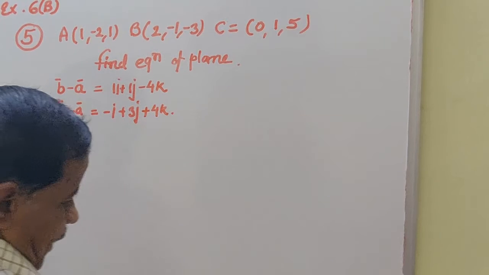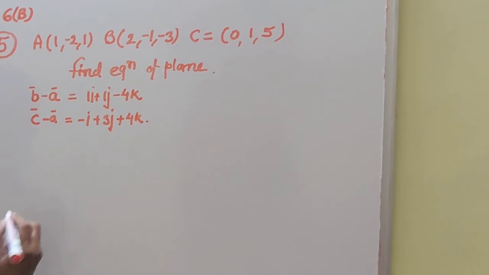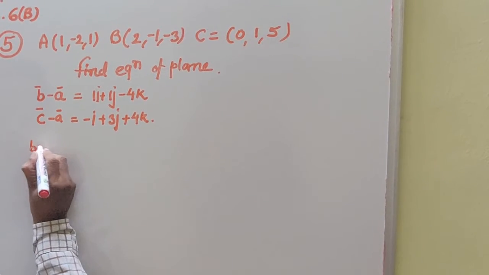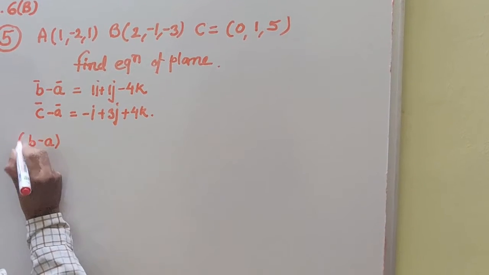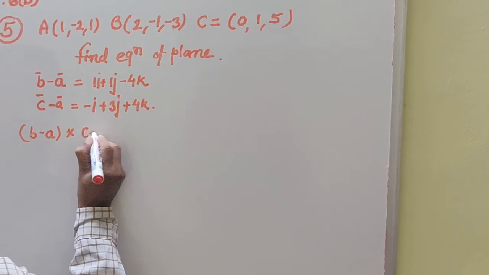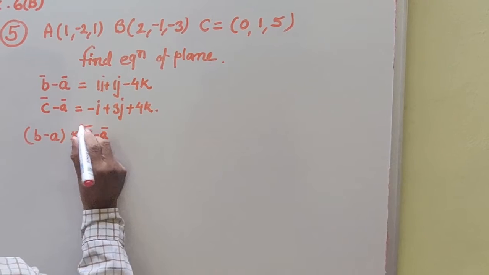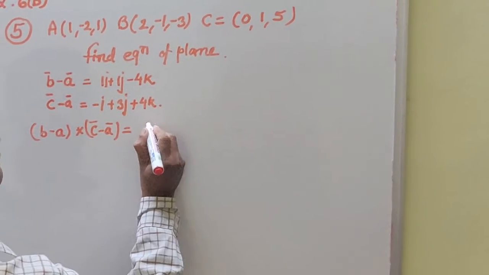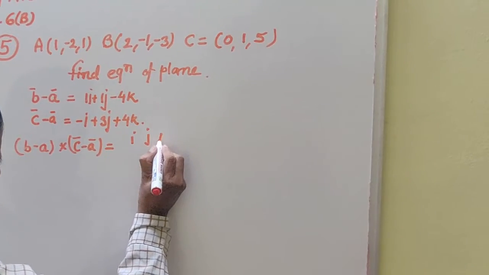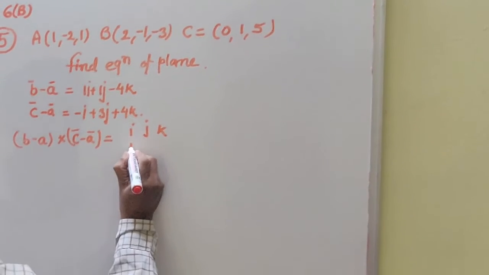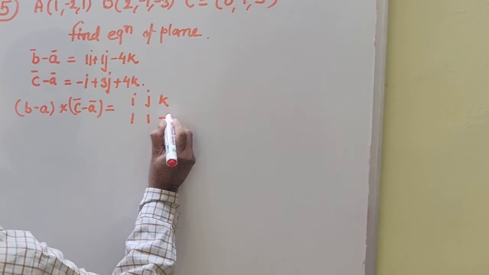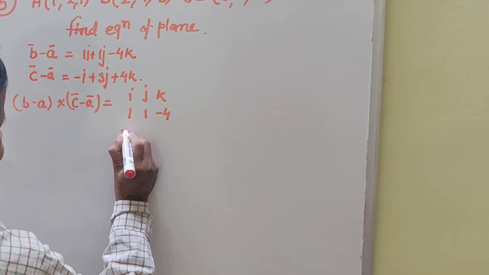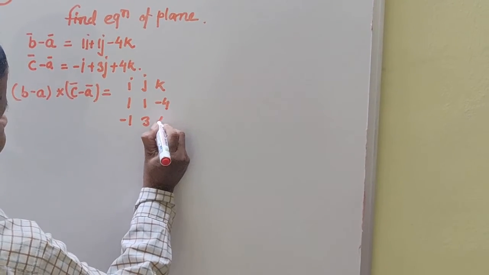Now I will find the cross product of this, so b minus a cross product c minus a. Okay. Now what we'll do here, i, j, k. Now I am writing the coefficients 1, 1, minus 4, minus 1, 3 and 4.